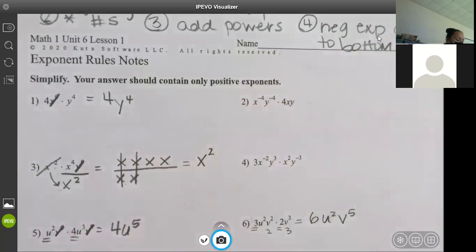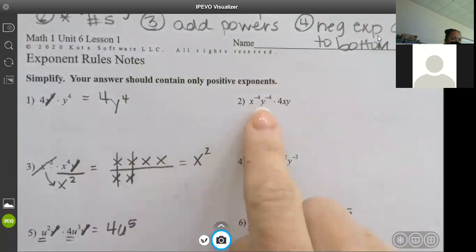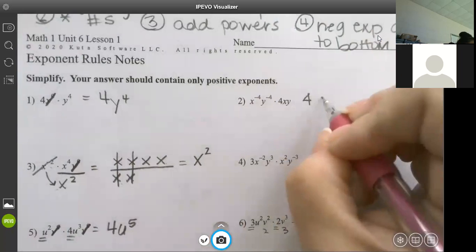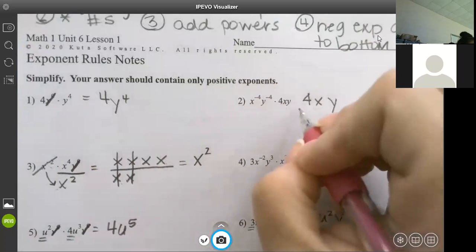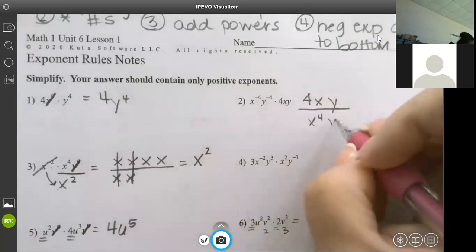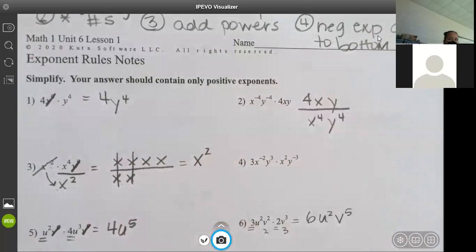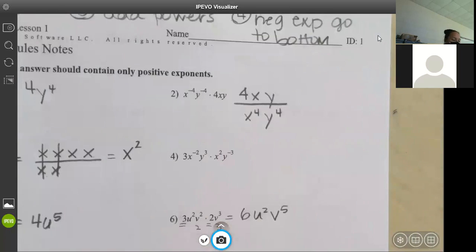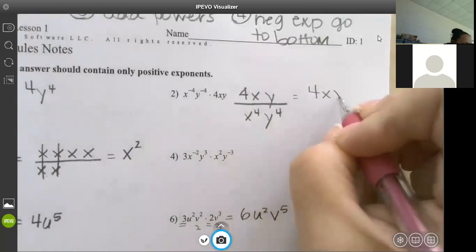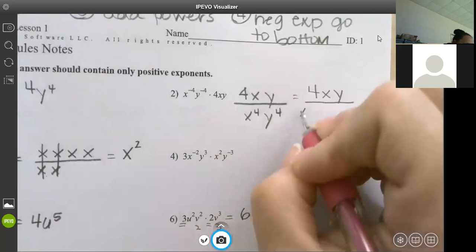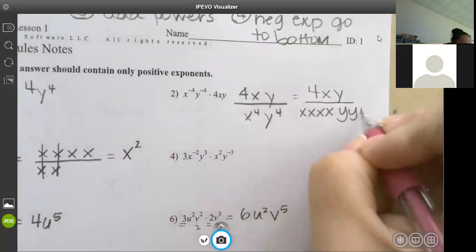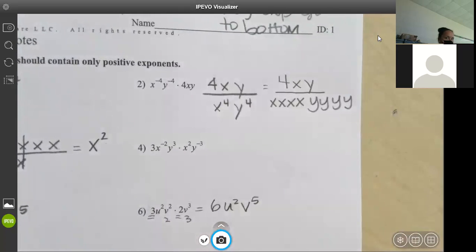All right. So on this one, we have some negatives, so they're going to go to the bottom. So the 4, the x, and the y can stay on the top. We're going to switch x to the 4th and y to the 4th to the bottom. I'm going to rewrite it so that you can see it. 4 x's on the top, 4 y's on the bottom.